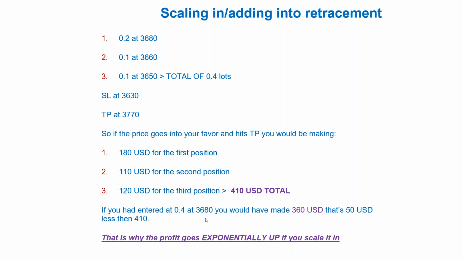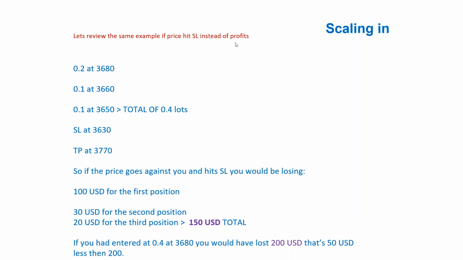Now let me show you another example. If the price hit stop loss instead of profits, the same thing applies. 0.2 at 36.80, 0.1 at 36.60, 0.1 at 36.50. And effectively, we lost a trade. If the price went against us and hit stop loss, then the loss will be $100. I'm using dollars, it doesn't matter. The principle is the same, just the difference of pip value.